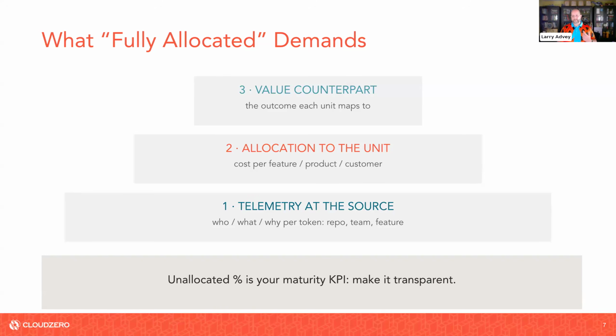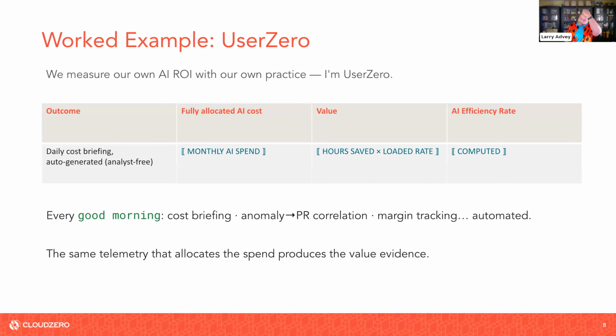And so the best way I found to really talk and think about this is we've been drinking our own champagne at CloudZero. So at CloudZero, I'm user zero. And Fred, Larry, we measure our own AI ROI with our own practice.